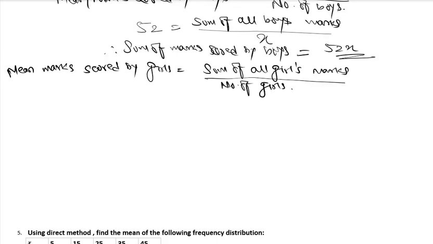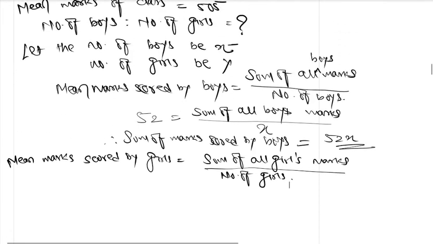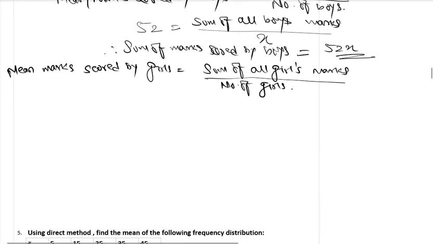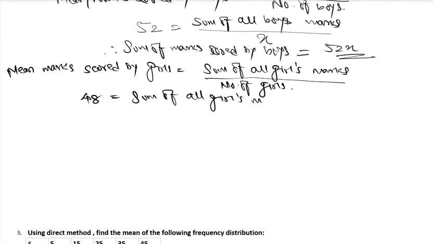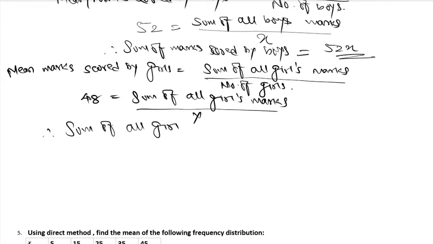So what is the mean marks scored by the girls? We'll see in the question. We have written here also 48. So mean marks scored by girls is equal to 48 is equal to sum of all girls' marks upon number of girls, which is y. Therefore, sum of all girls' marks is equal to 48y.